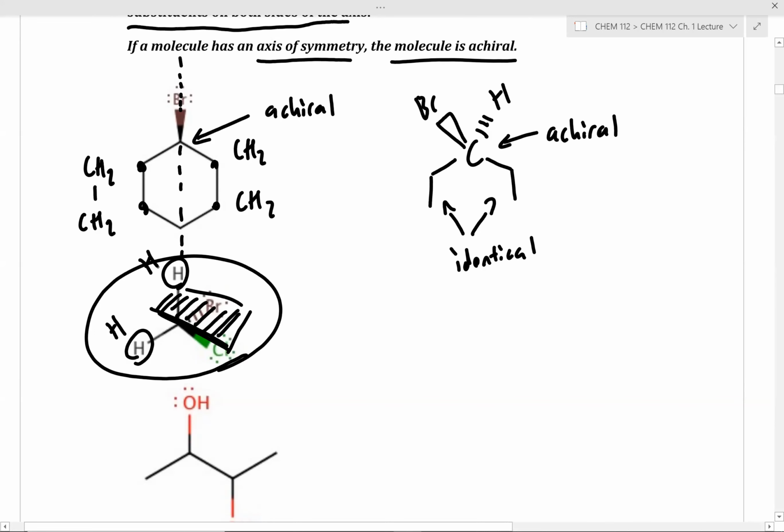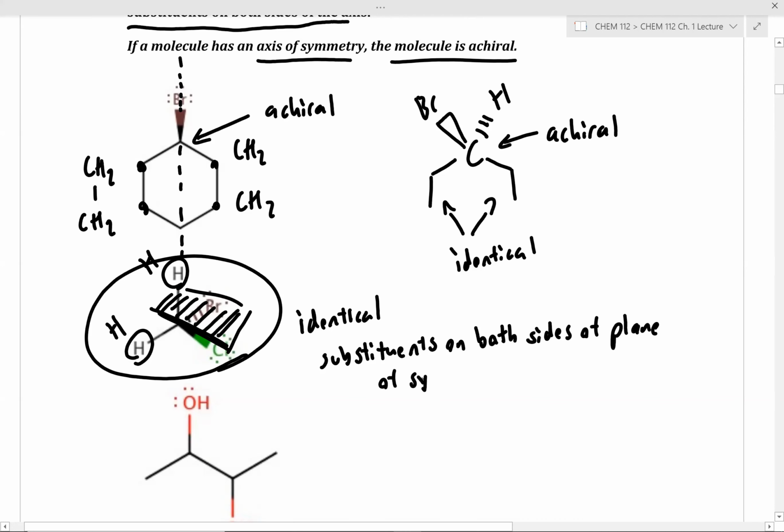On the other side, we have another hydrogen. So we have identical substituents on both sides of our plane of symmetry. So as a result, this molecule is achiral.